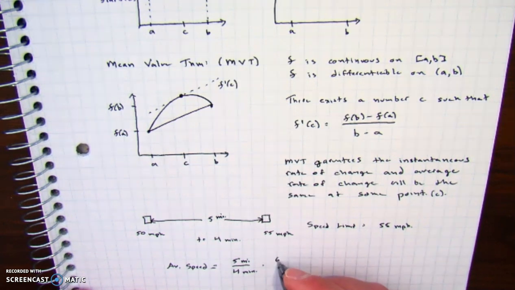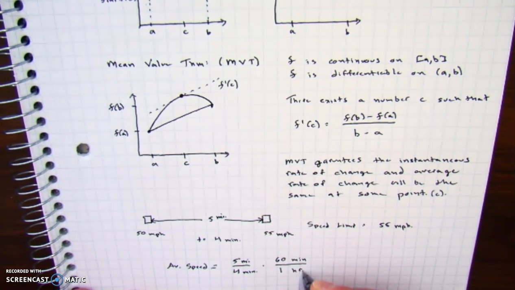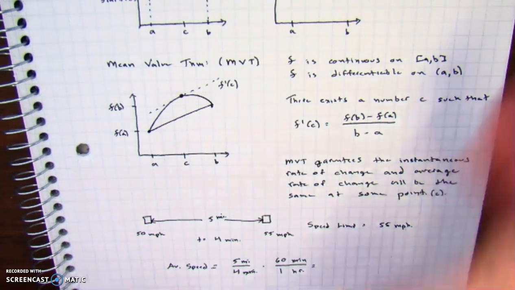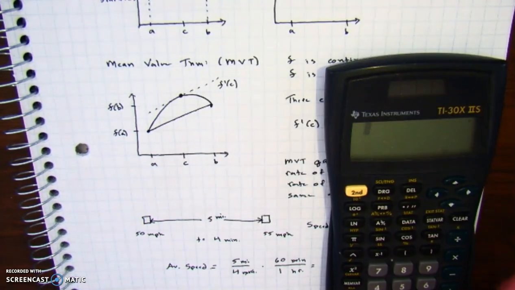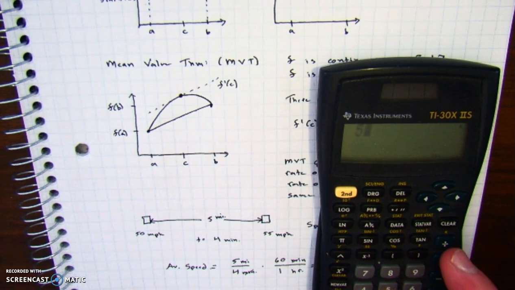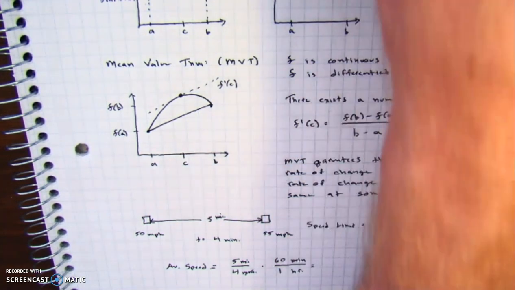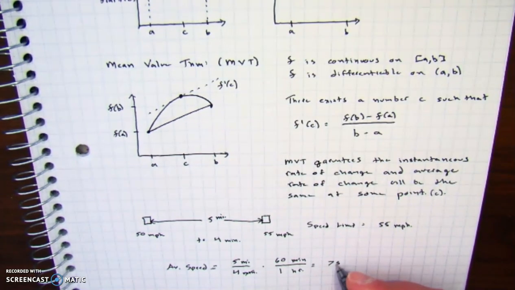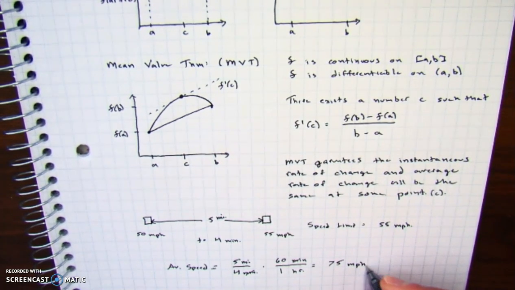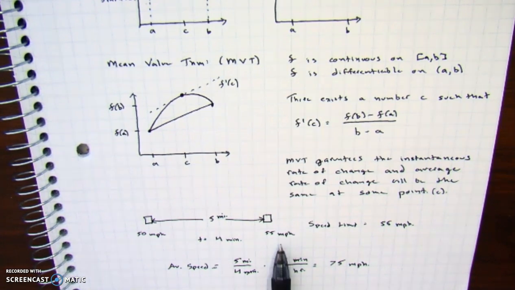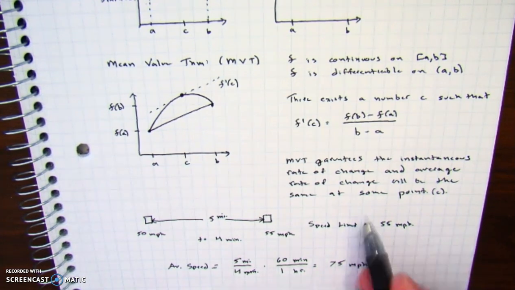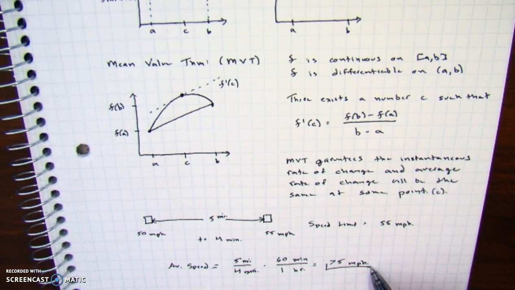So we've got 60 minutes in 1 hour. So minutes cancel out, and that'll give me miles per hour. So take out my calculator, and I've got 5 divided by 4 times 60. 75.